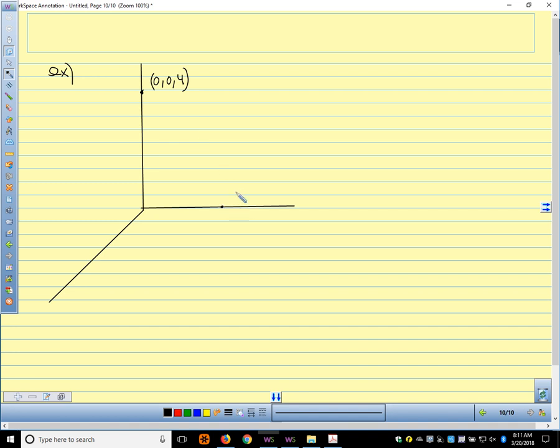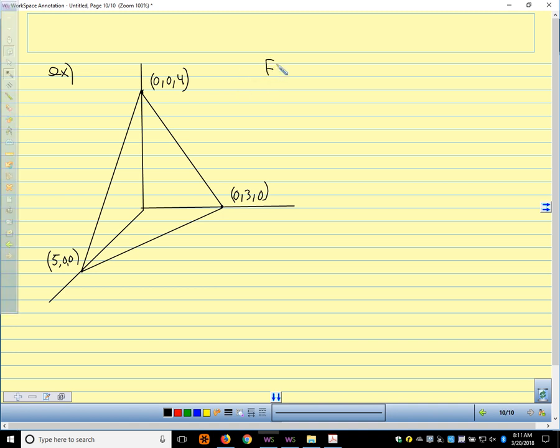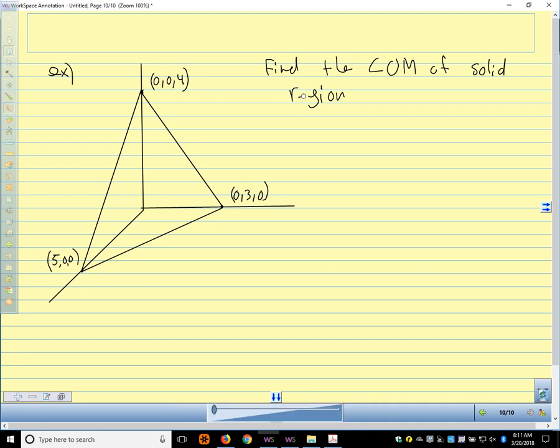This point is at 0, 3, 0. And this point is at 5, 0, 0. And we're going to say this is a solid region. So there's our solid region. And we're going to say that rho, our density, is a constant.